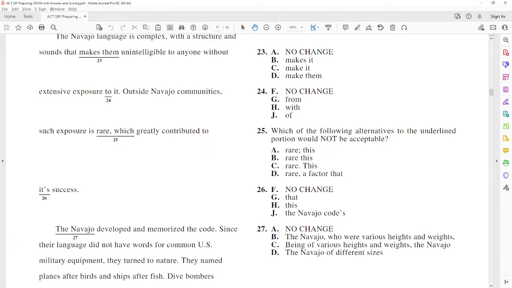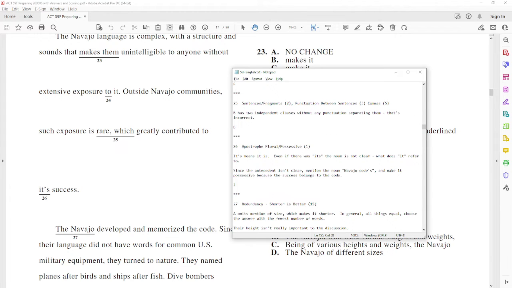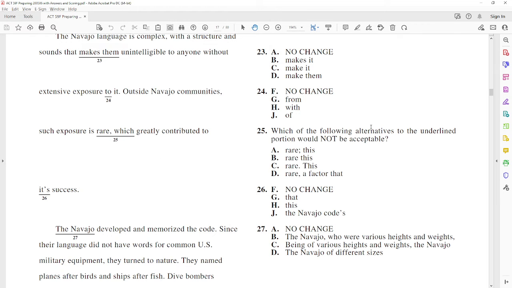B is not acceptable, and D just adds different non-essential information after the comma or formats it differently. A factor that greatly contributed to its success, that is not an independent clause. It's just non-essential information after the comma. So 25 is B, and the topics are sentences and fragments, chapter 2, punctuation between sentences, chapter 3, and commas, chapter 5.